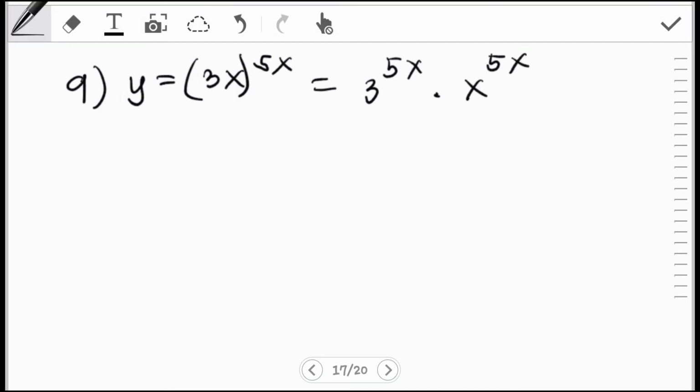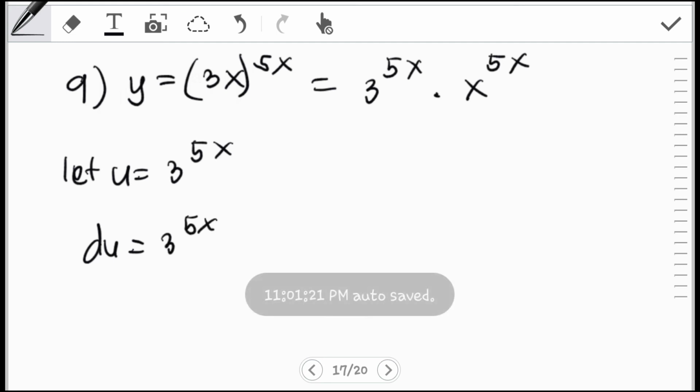Okay, so let u is equals to 3 to the power 5x, where du, that is 3 to the power 5x, then times ln 3, so the derivative of 5x times 5.